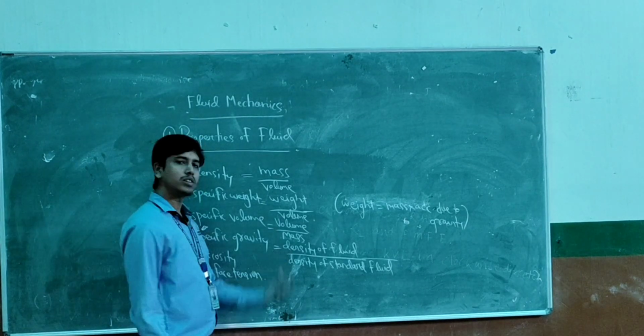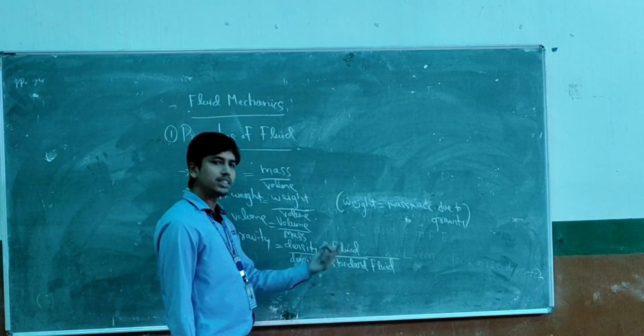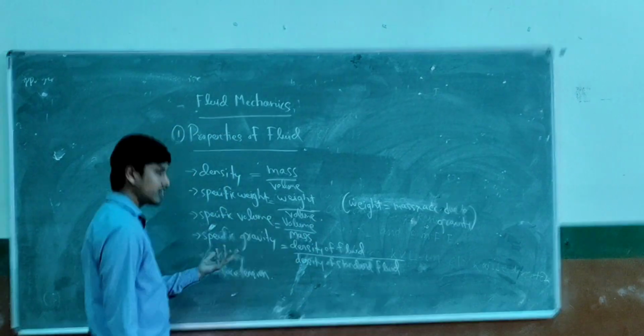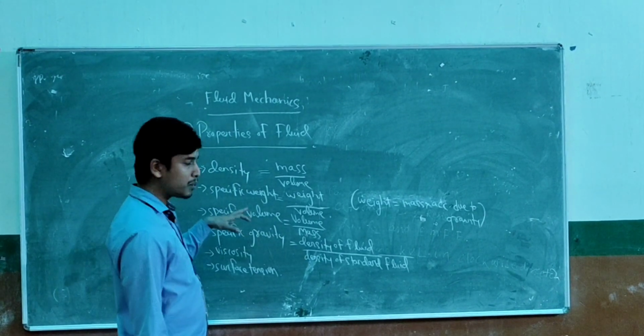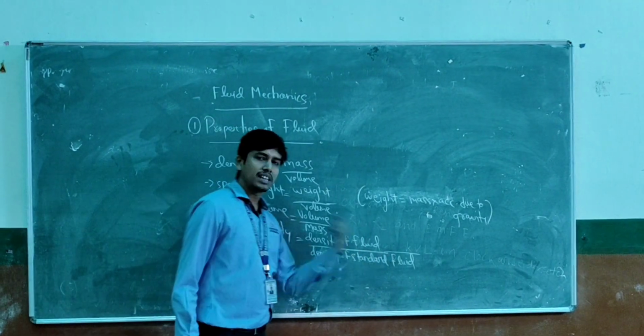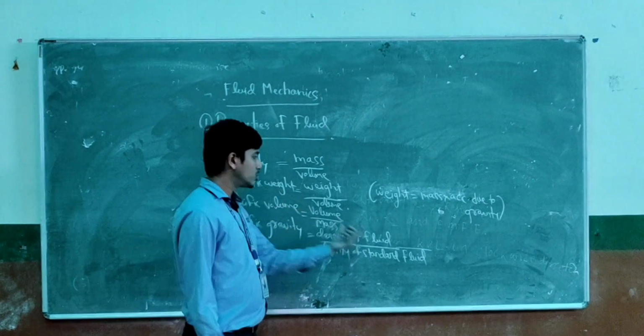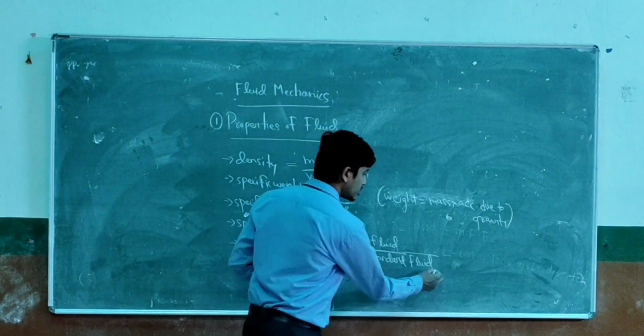So what do you understand from standard fluid and fluid? Fluid is any type of fluid which we take into consideration in the particular example which comes up in practice. But standard fluid is the general reference fluid. Meaning if we are using a liquid here, then the standard fluid is water.